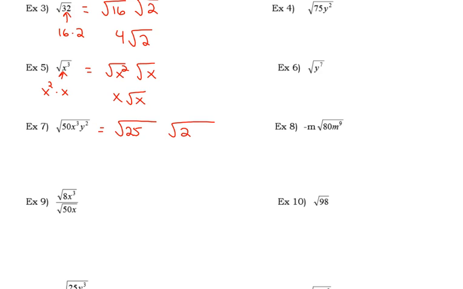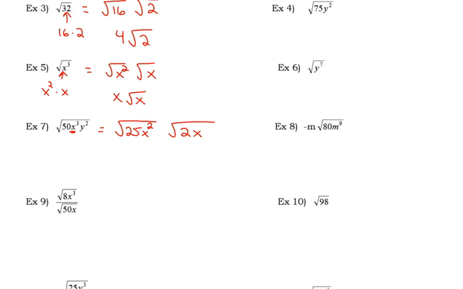So 2 goes in the bad house because it's not a perfect square. 25 goes in the good house because it is. X to the third is not perfect because it has an odd exponent. However, if I just drop the exponent down by 1, I get a perfect square. But I have an x to the third, not an x squared, so the leftover x has to go in the bad house.